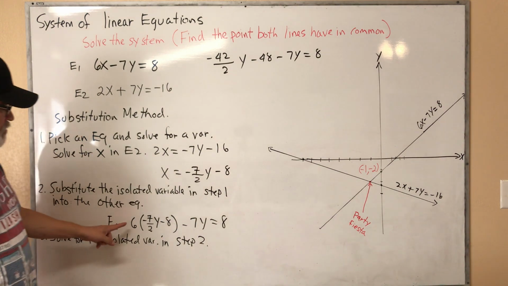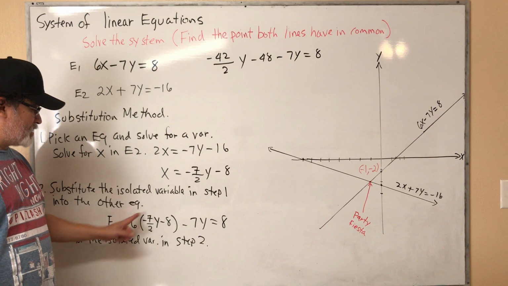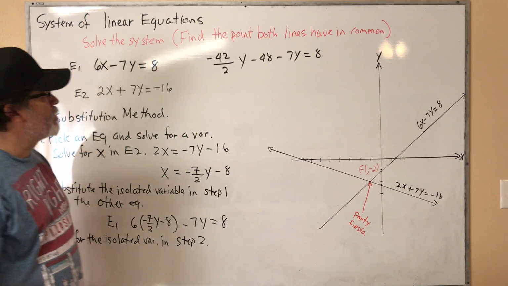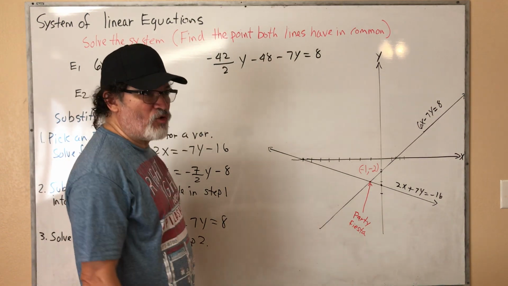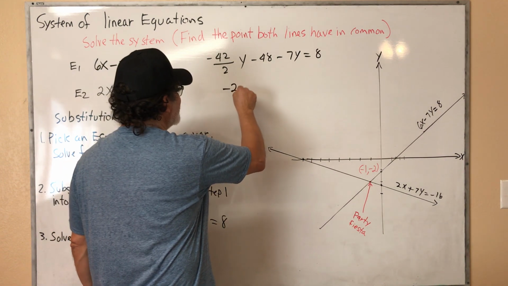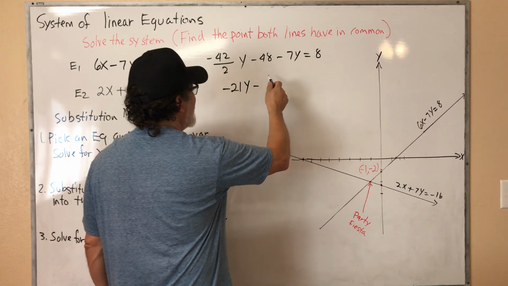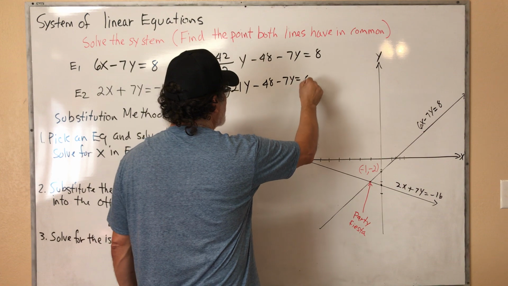All I did was multiply. 6 times 7 is 42. 6 times 8 is 48. And they're both negatives. 2 goes into negative 42 how many times? Negative 21y minus 48 minus 7y equals 8.